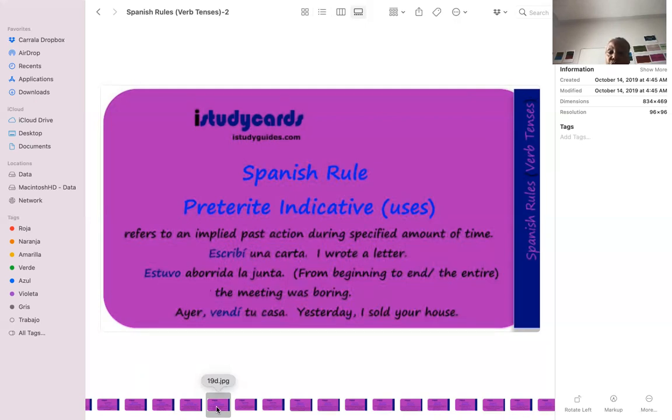Yesterday, I sold your house. Yesterday means the action is over. And that's the emphasis in Spanish, that the action is over. And the reason I keep emphasizing that fact is that there's another past tense called the imperfect, where the emphasis is not on the fact that it's over. The emphasis is on the action.